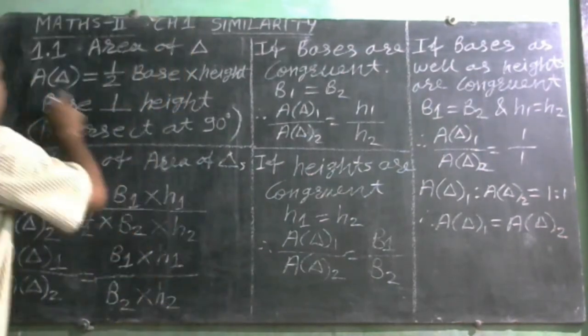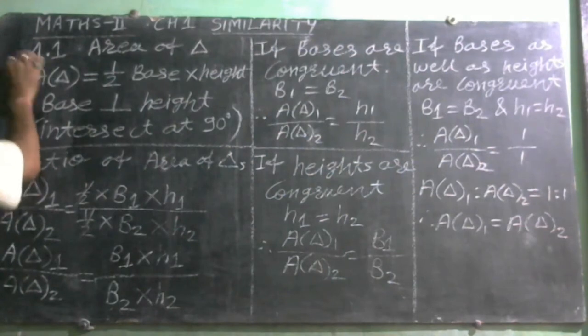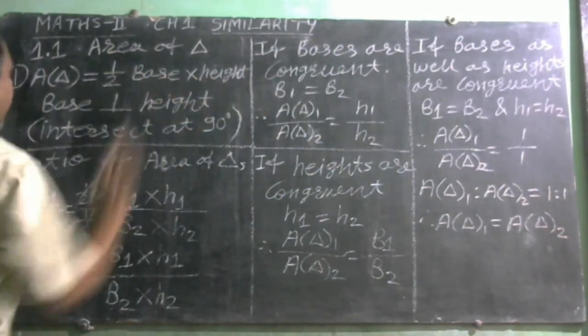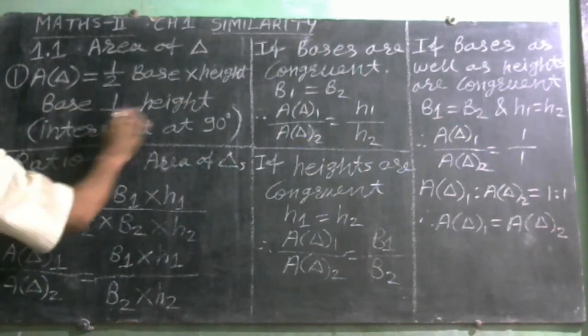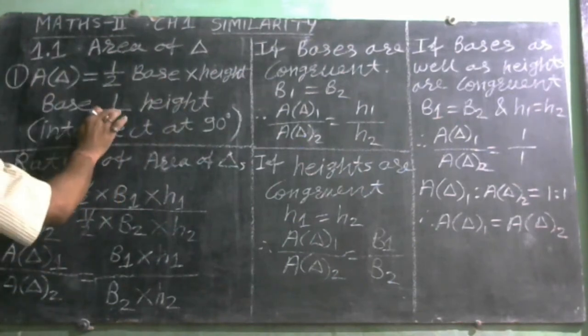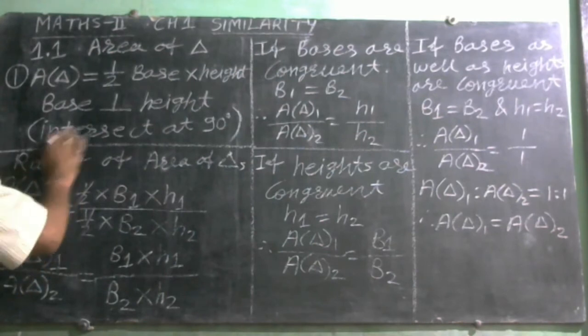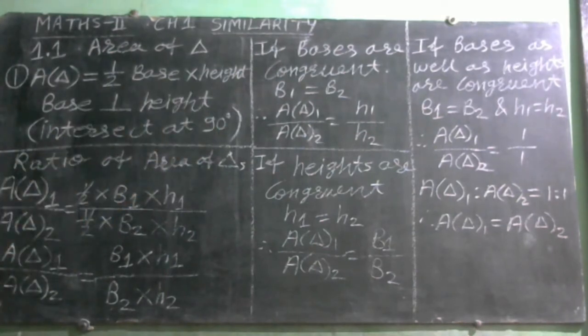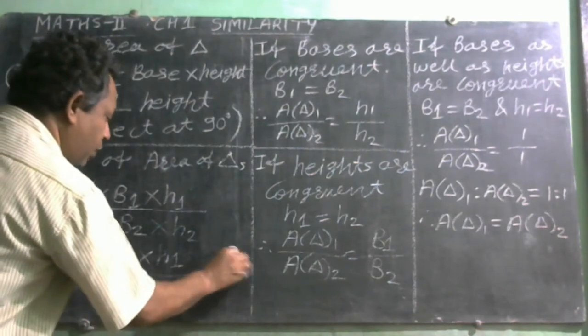One is that area of triangle equal to 1 upon 2 base into height. Base always perpendicular to height, that means they must intersect at 90-degree angle. This is our second formula.